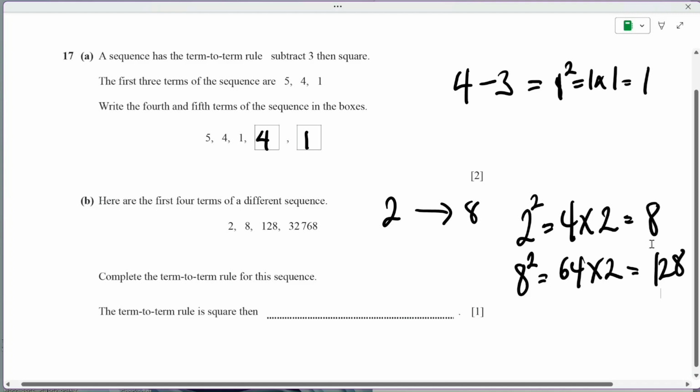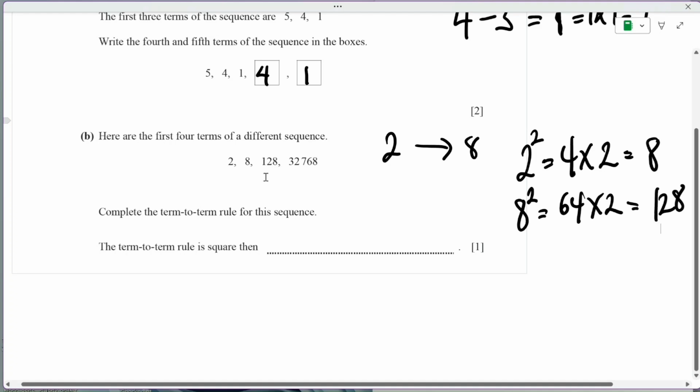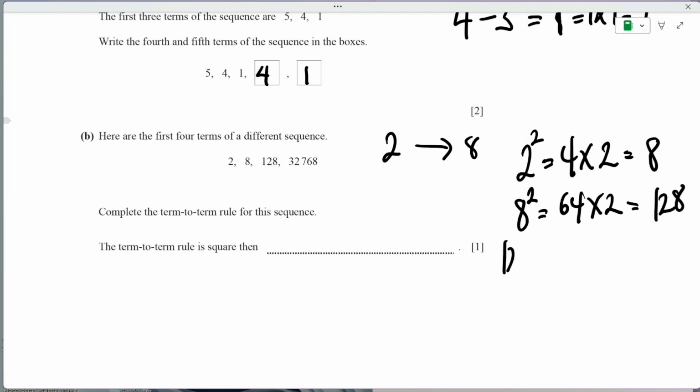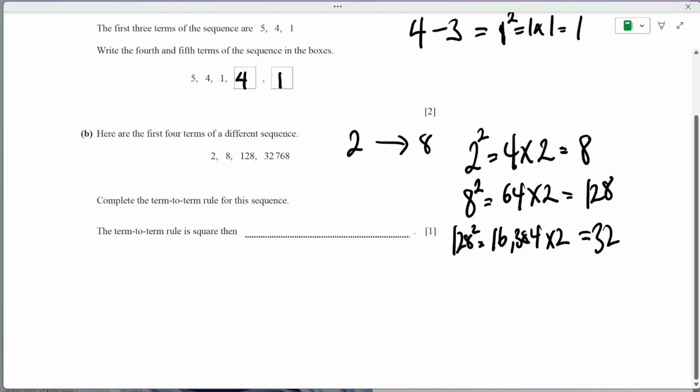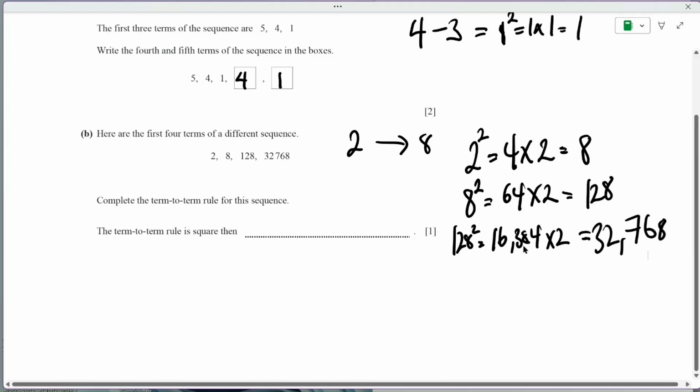So multiplying by 2 is the right option for this sequence. We can try the next, which is 128. 128 squared is 128 times 128, which is 16,384. You multiply it by 2, your result will be 32,768, which makes multiplying by 2 the correct way to answer this question.